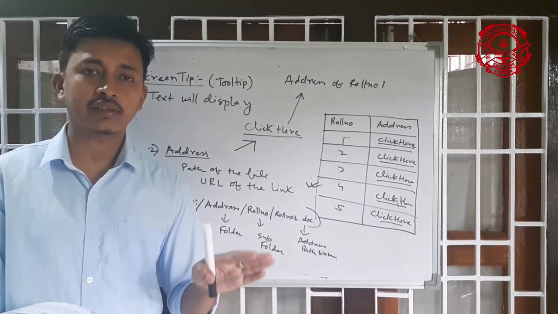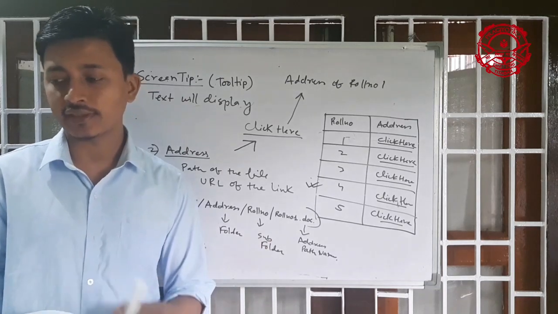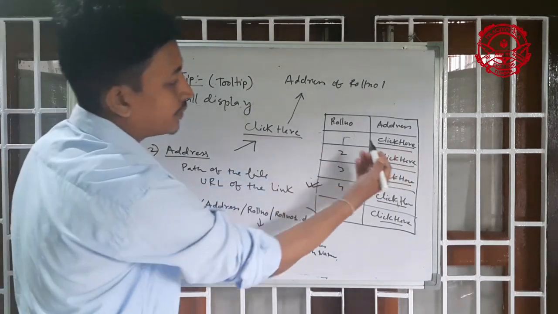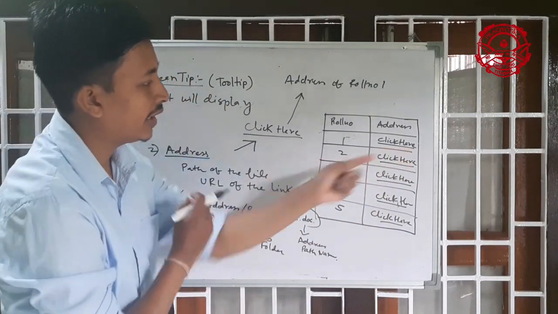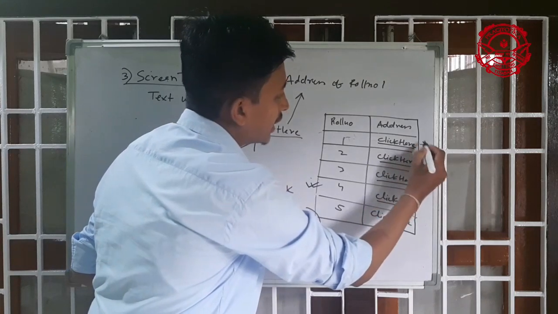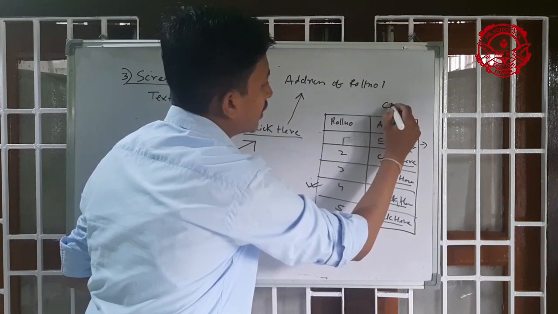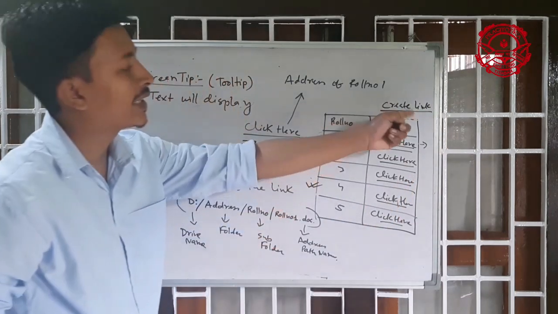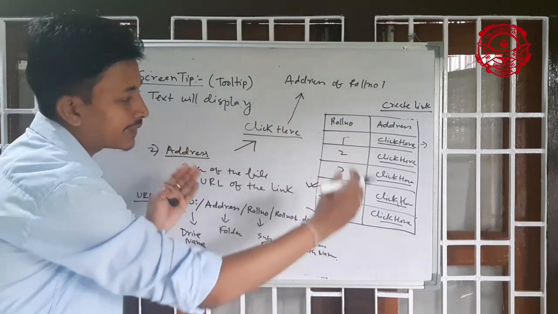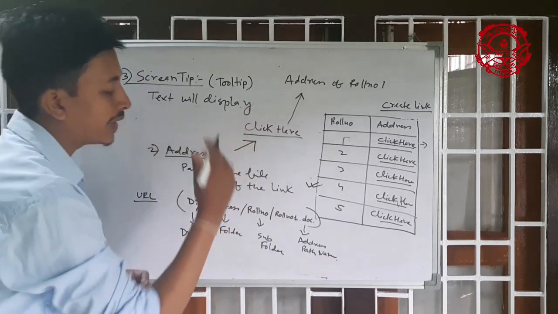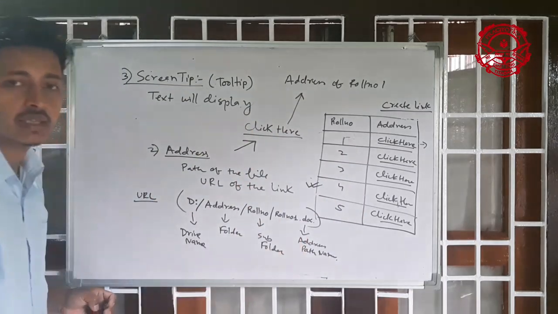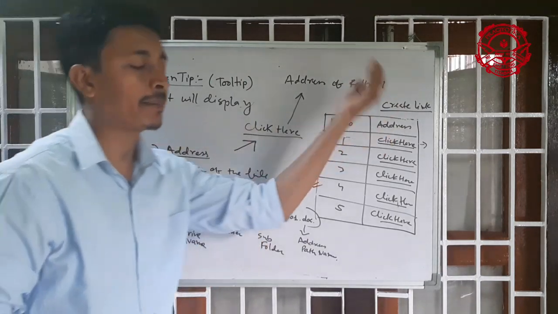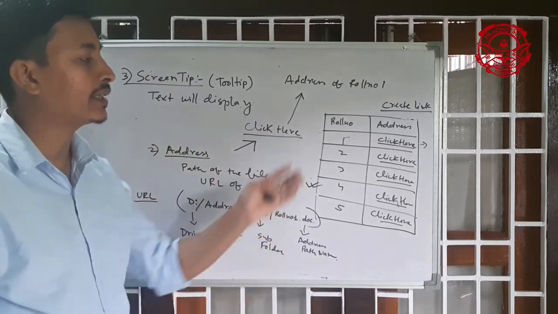If you don't understand, ask me again. Just go to the cell, and there is an option that says create link. You click on the create link option, then you get a text box where you write this path. When you give the path, it will automatically create the hyperlink.